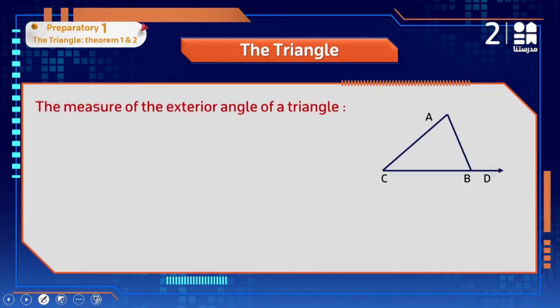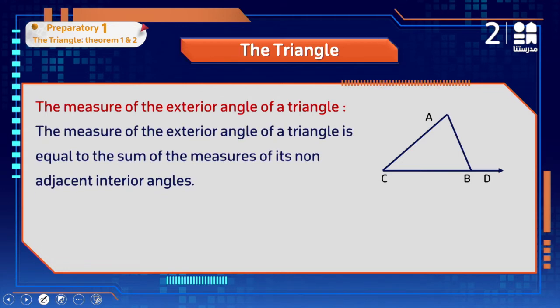Okay, now the measure of the exterior angle of a triangle. The measure of the exterior angle of a triangle is equal to the sum of the measures of its non-adjacent interior angles. What does it mean? This one is the exterior angle, ABD.